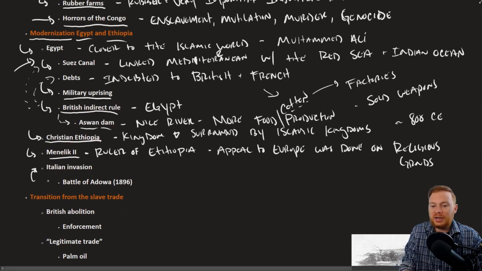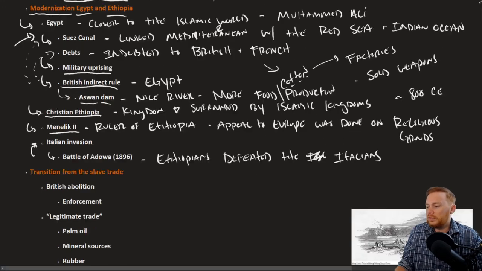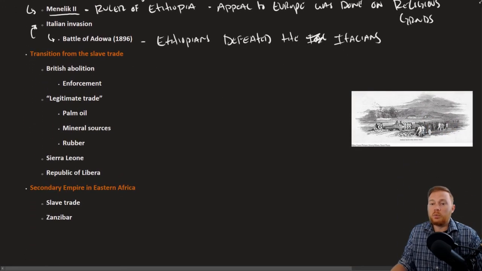And so when the Italians invaded in 1896, the Battle of Adwa, the Ethiopians defeated the Italians. Now, this was very rare for the time. In fact, it might be one of the only instances in which the overall war was successful for an African country in repelling an outside invader.